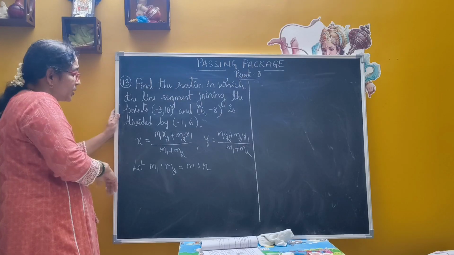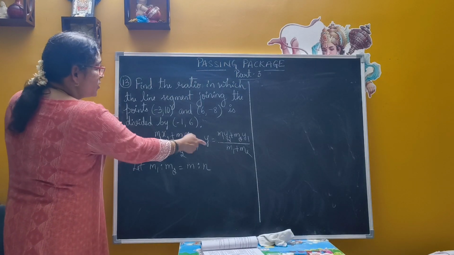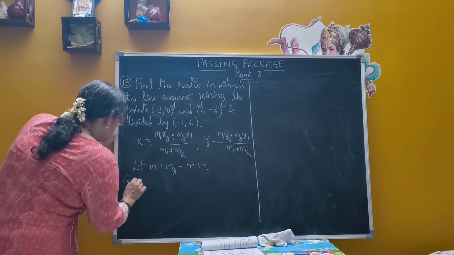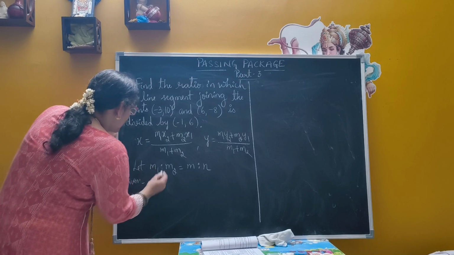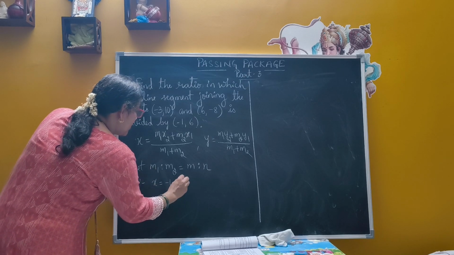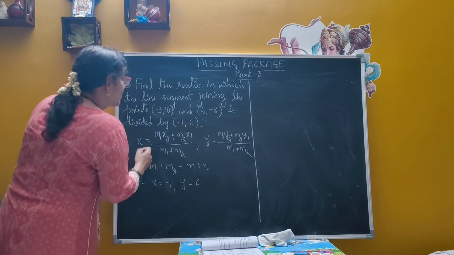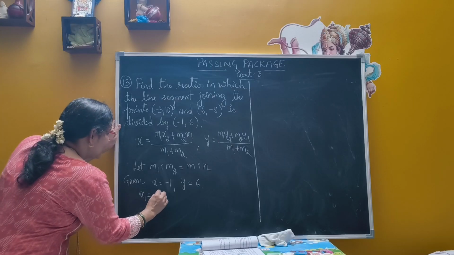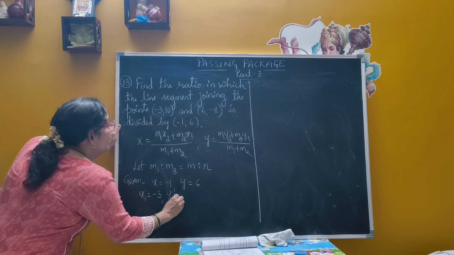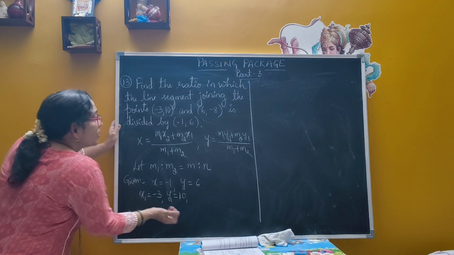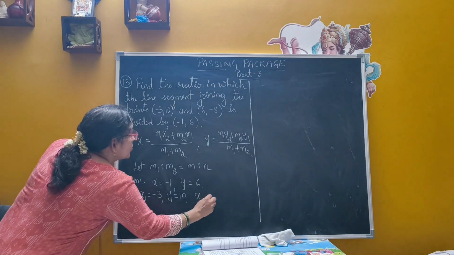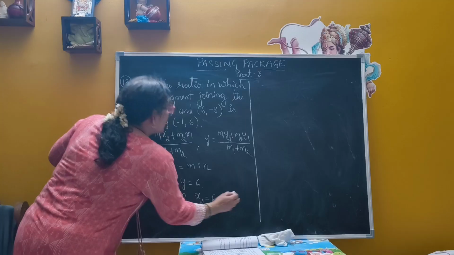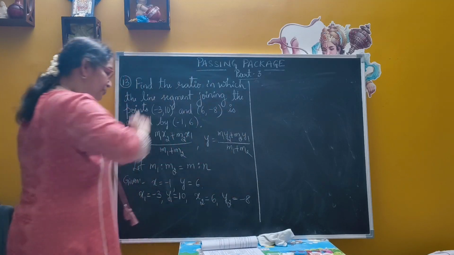The x and y values are given: x is equal to minus 1, y is equal to 6, and x1 is equal to minus 3, y1 is equal to 10, then x2 is equal to 6 and y2 is equal to minus 8.